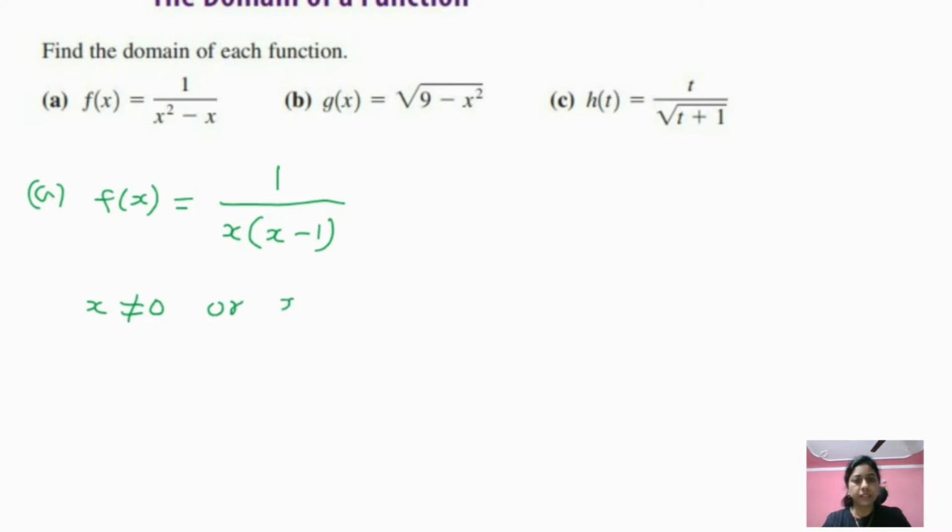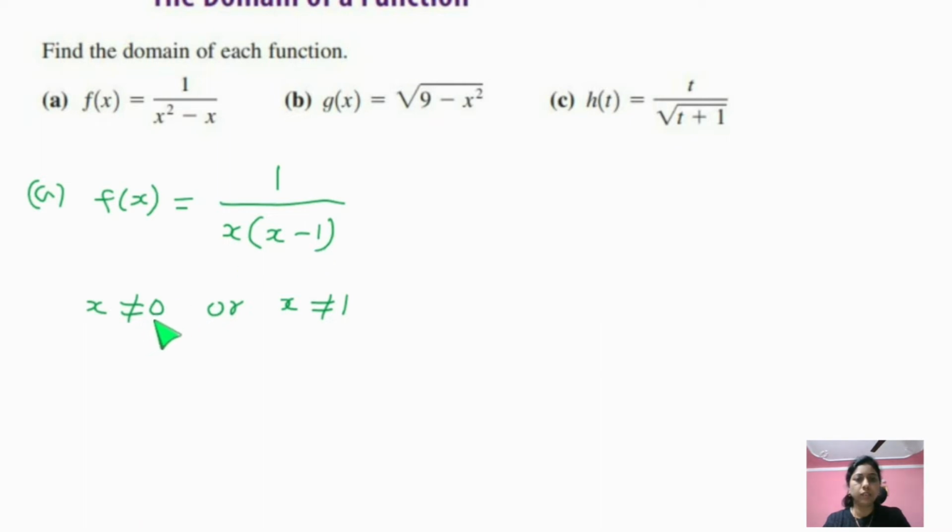Or x not equal to 1, because if x is 1, then 1 minus 1 is 0, and the bracket portion is 0, so 0 times x is 0. So this whole denominator is 0.